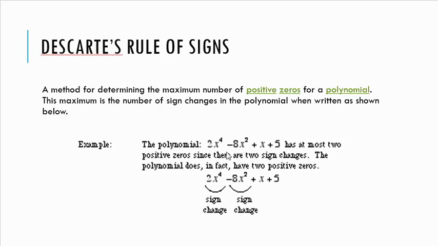I go from positive to negative. That means there's possibly one positive zero. Then I go from negative to positive. Well, there's another one. So I have two sign changes. Okay, and then no other sign changes in the polynomial. So the maximum number of positive zeros for this polynomial is 2. And that's all it is.